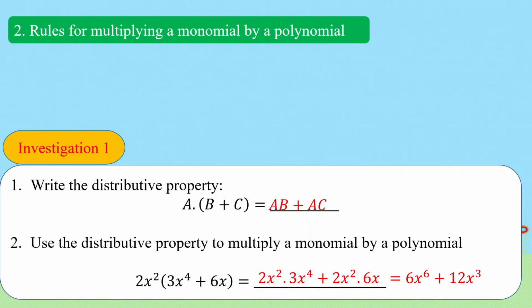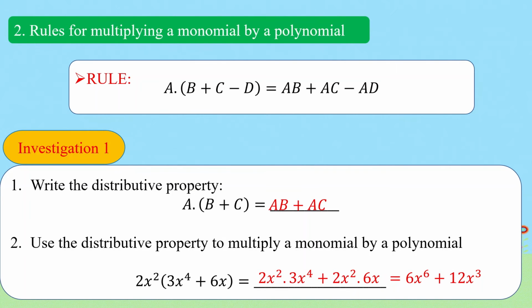Okay, so now here is a general rule for multiplying a monomial by a polynomial. A is a monomial. The whole expression is a polynomial. B, C, D are terms. So now you take the monomial and multiply by each term B, C, and D, and remember the sign.